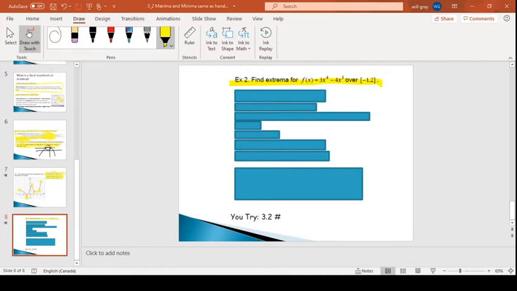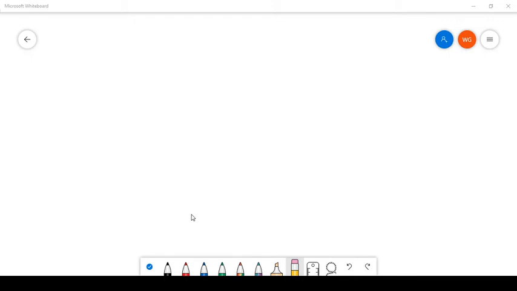We'll open up a quick little notepad so that we can look at this information. Remember that our function is f of x equals 3x to the power of 4 minus 4x cubed.